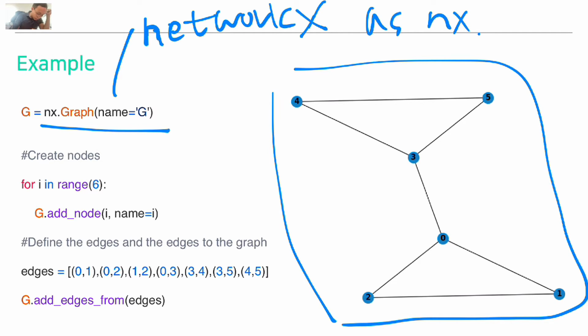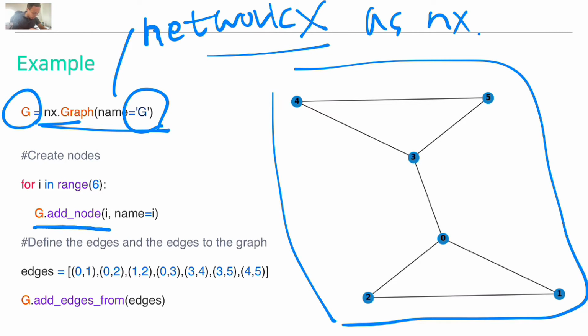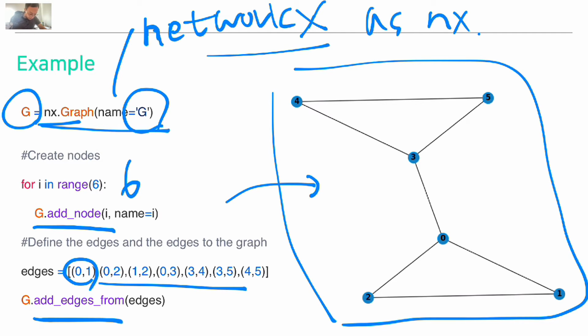We imported the NetworkX library and we put the name G, and now we have the variable G. We add nodes, we have 6 nodes, define the edges between the 6 nodes like this, and we add the given edges. Their visualization is like this.